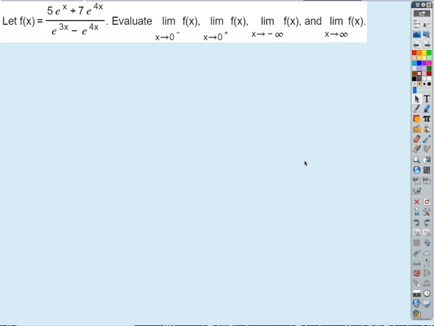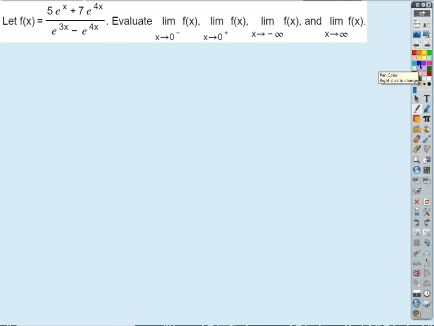If I'm trying to evaluate these limits as x approaches 0 from the left and 0 from the right, if I try to plug in small negative and positive values, I want you to see what happens to this thing, why it's not very descriptive and it's confusing.